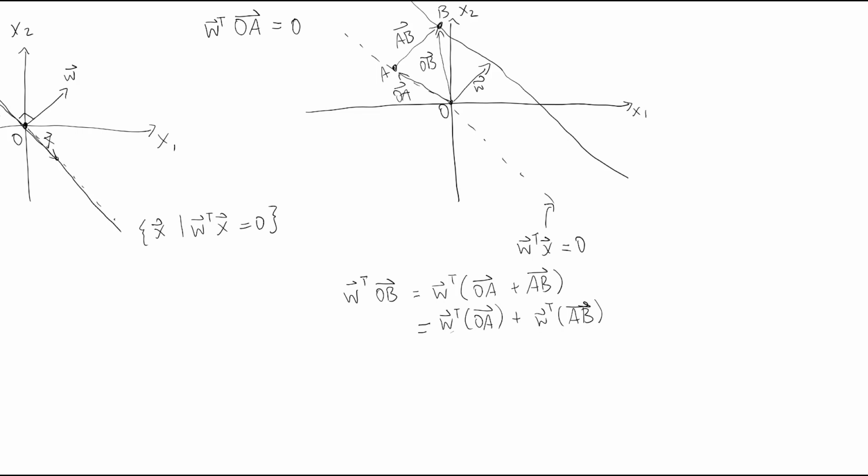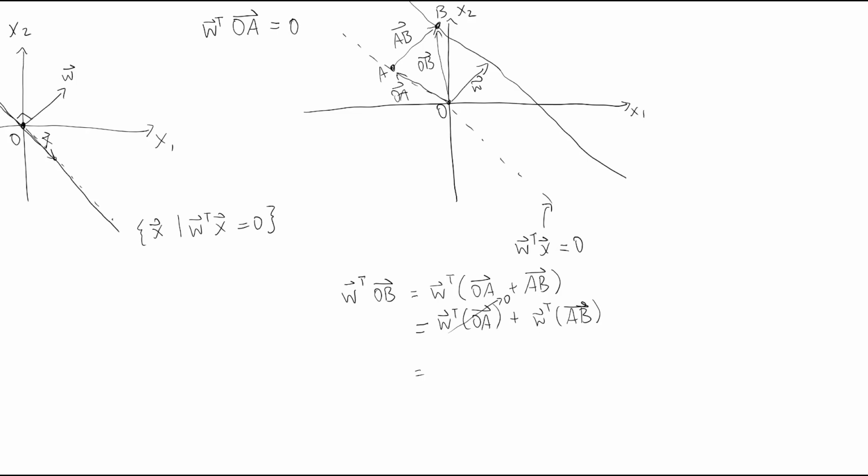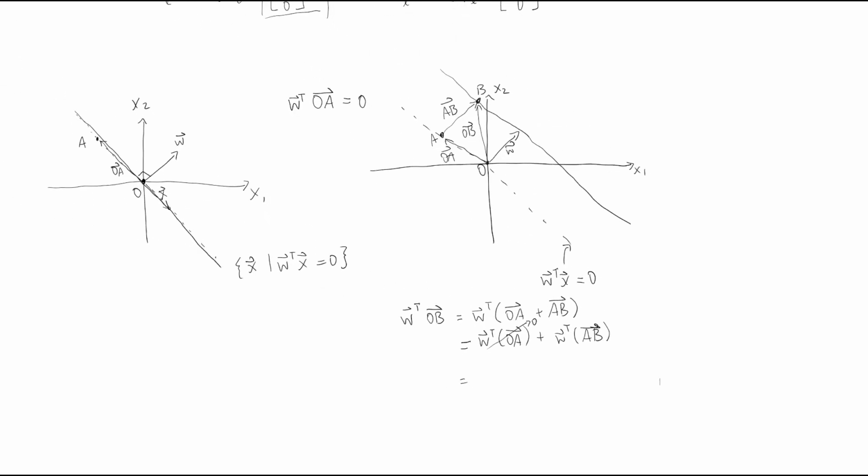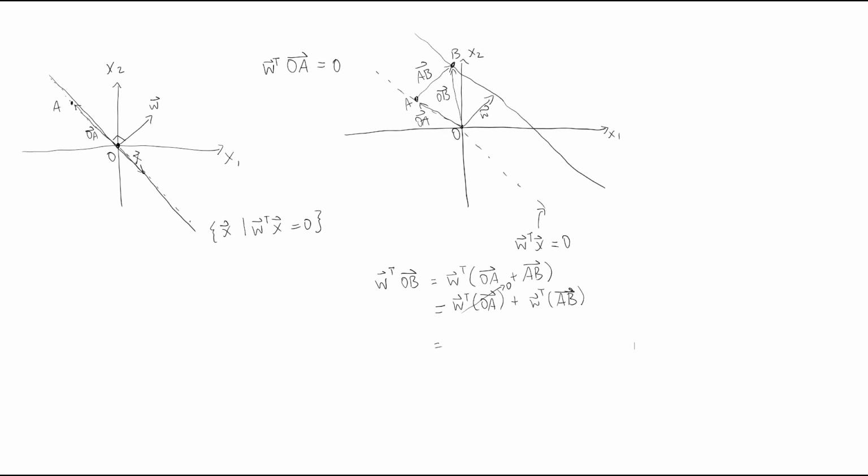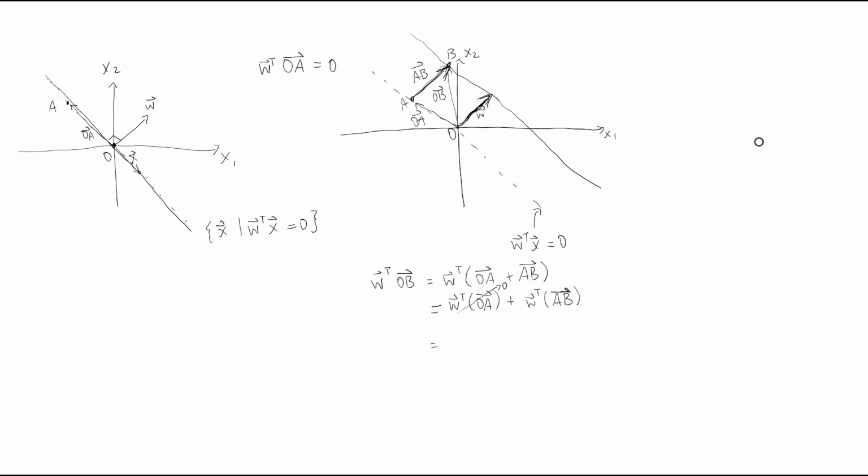We know that W transpose OA equals 0, and then W transpose AB, well, what is AB? AB is actually the same as W, exactly the same vector, same length, same direction. So this becomes W transpose W, which gives us the 2-norm of W squared.